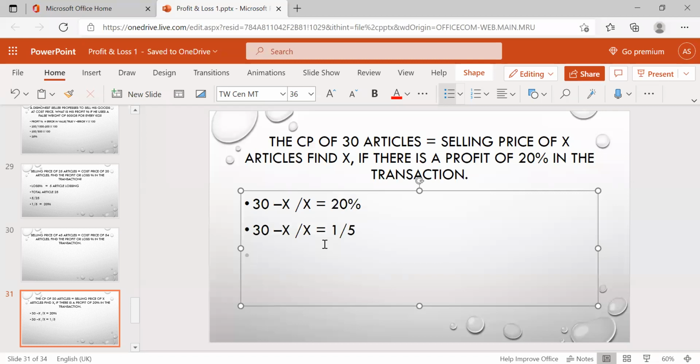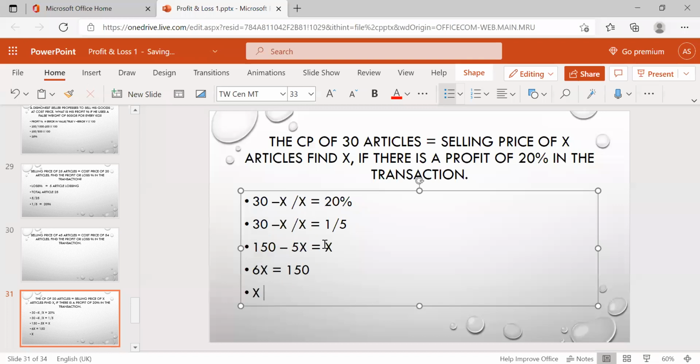So just do the cross multiplication. It's only 150. I think, yeah, 150 minus 5x equal to x, right? And then 6x equal to 150. So x will be 150 by 6.